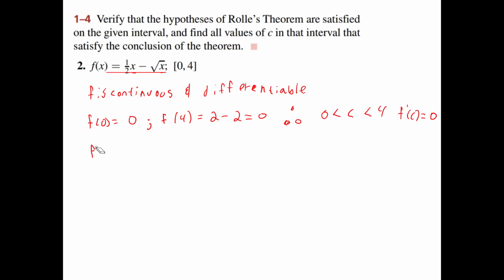So f prime of x is equal to the derivative of the first term is just 1/2. The derivative of the square root function is 1 over 2 square roots of x.